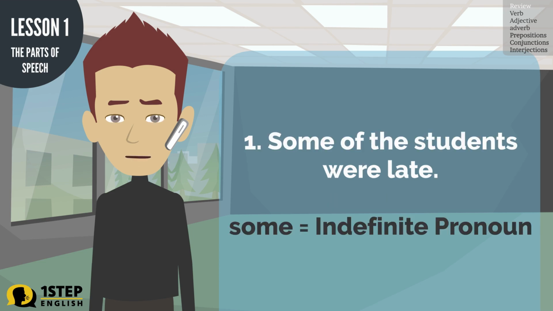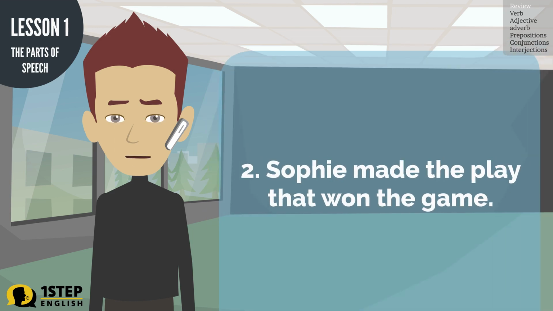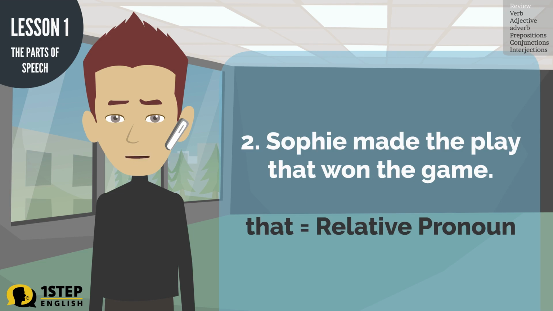We label it as indefinite pronoun. 2. Sophie made the play that won the game. The answer is that. We label it as relative pronoun.